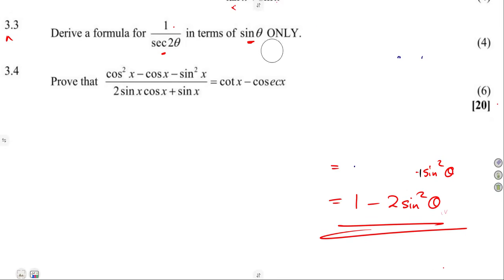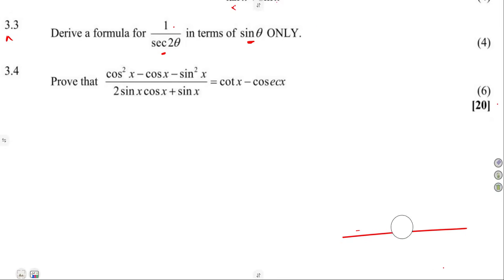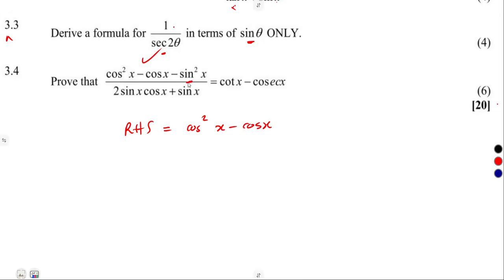3.4, prove that the left-hand side and the right-hand side are equal. We can work with the complicated part, which is the right-hand side, given the cos squared of x minus the cos of x minus sine squared. So remember, the sine squared of x is 1 minus cos squared x.